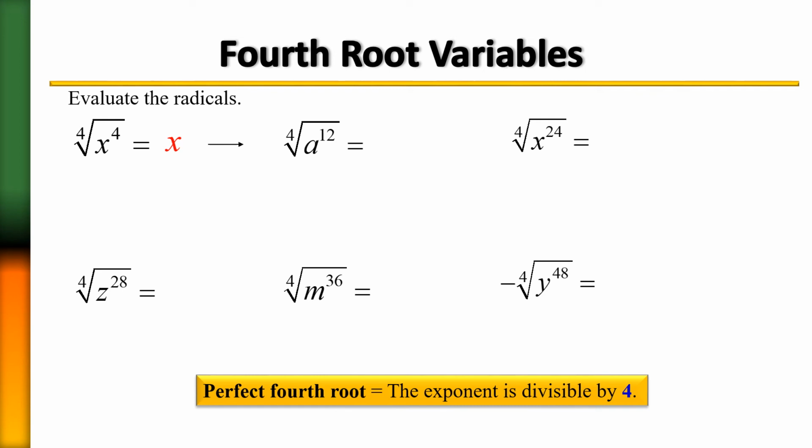So let's go ahead and divide our exponent of 12 by its index of 4. 12 divided by 4, so the answer is a to the third power. What is the fourth root of x to the 24th power? Yes, x to the 6th. What is the fourth root of z to the 28th power? Yes, z to the 7th.